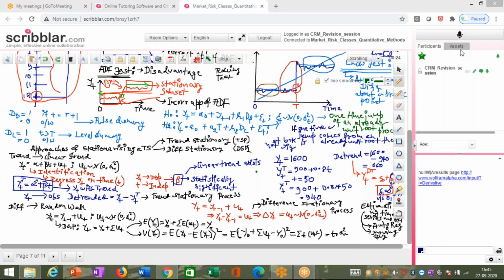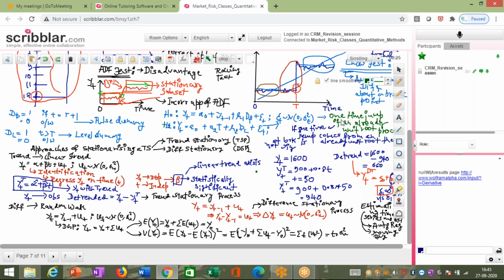And then what we also looked into was, assuming that I identify that a system is non-stationary, how I can help convert it into a stationary system. In that respect, we looked into two things: one being trend stationarization and the other being difference stationarization.